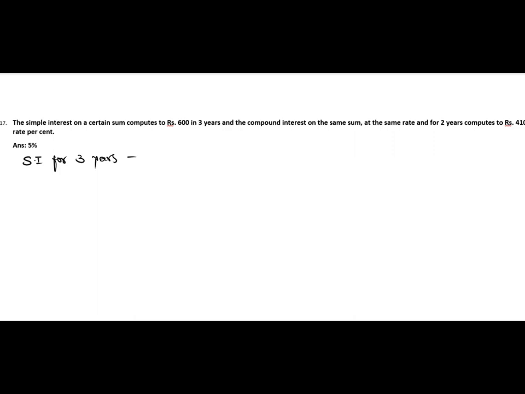Simple interest for 3 years is equal to rupees 600. So can you find the simple interest for 1 year? Yes. Therefore, simple interest for 1 year is equal to rupees 600 divided by 3, that is rupees 200. Now you know one more thing.